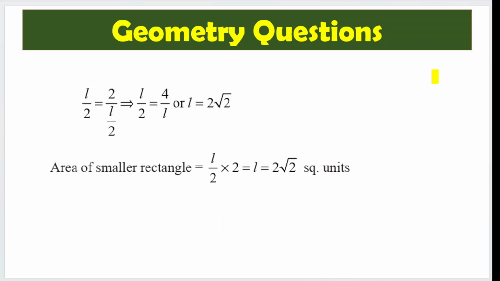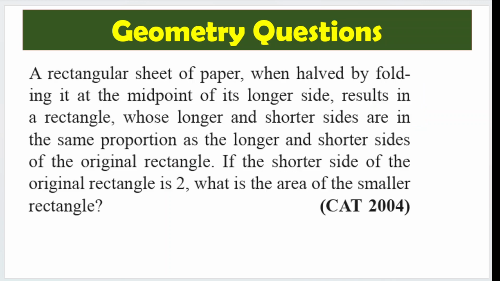Right. So, for example, if the original rectangle is like this, the original rectangle has length L and whatever breadth, right? And the original rectangle's breadth is 2, which is already given.